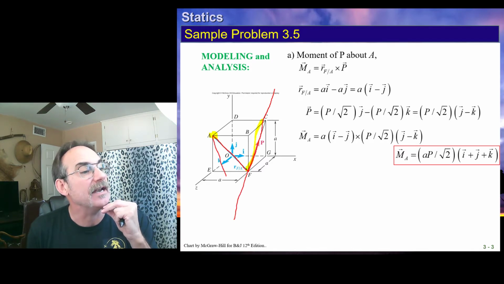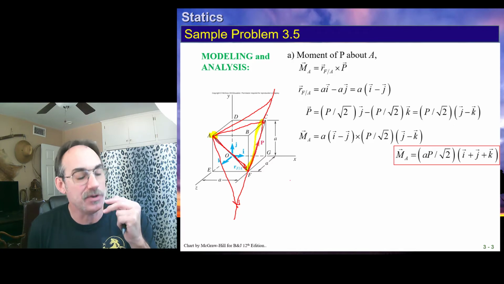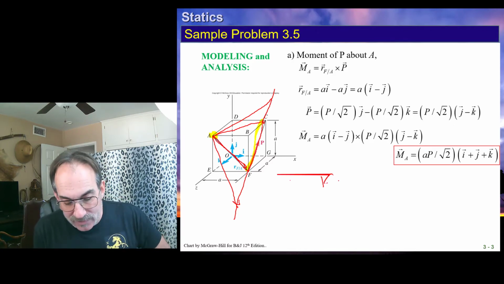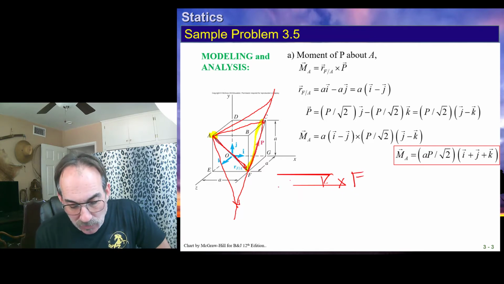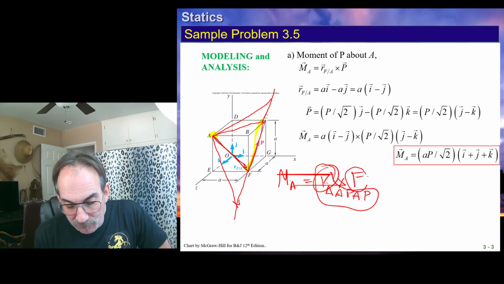We could use this line to that vector, we could use the line vector here, or this line to this point or out to any other point. Any of these position vectors we can use, and we can say, what is R cross F? The position vector crossed with that force will give us the moment about point A. Since R goes from A to any point along that force P, that crossed with the force P will give us the moment about A.